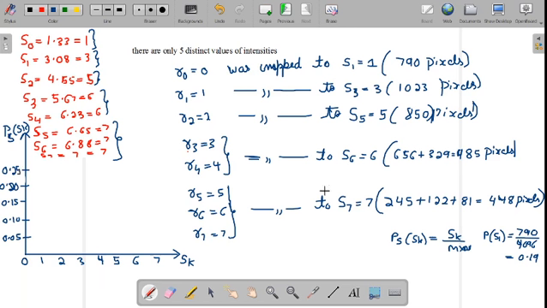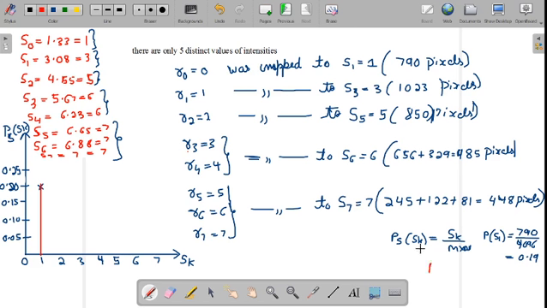For 0, there is no value. For 1, it is 0.19.